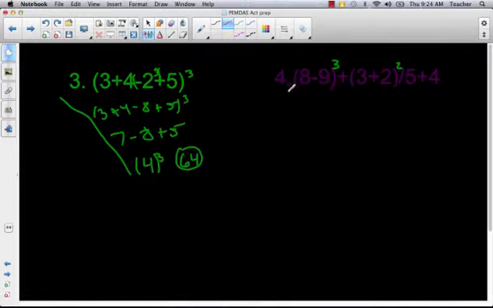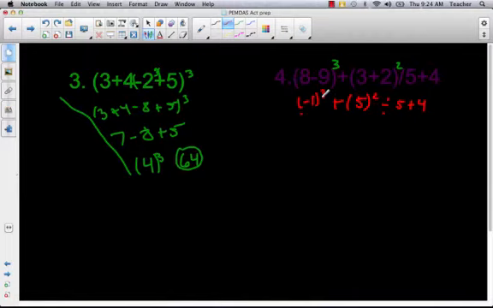So that'll be 8 minus 9, which is, got to do the stuff in the parentheses first. 8 minus 9, which is negative 1, parentheses third, plus 3 plus 2 is 3, 4, 5, and then 5 to the second, and that's divided by 5 plus 4.